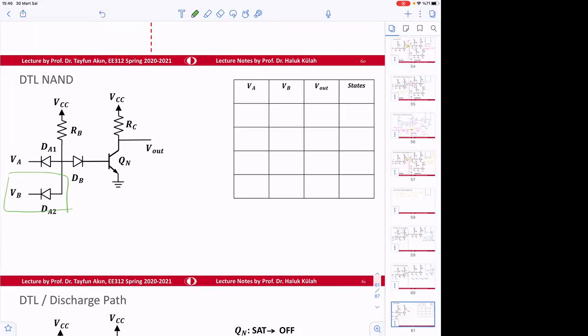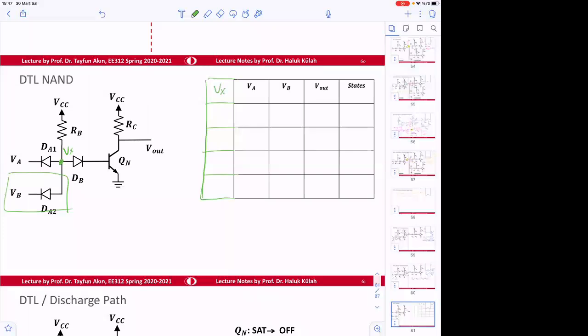Okay, so why is it a NAND gate? We can just apply voltages here and then talk about this. Maybe I'm going to add one more column here for simplicity. Let's say this is Vx voltage.